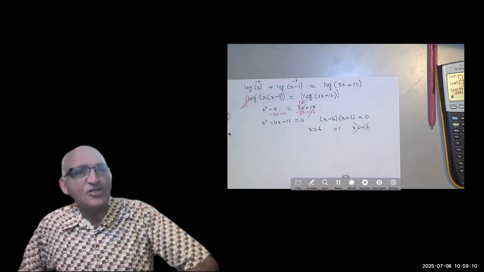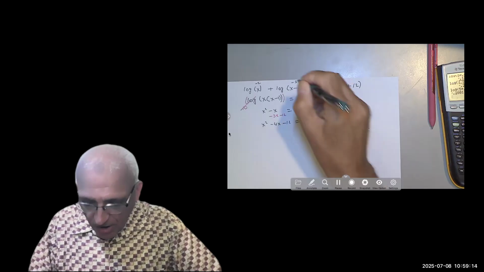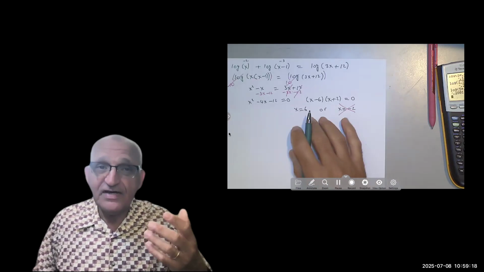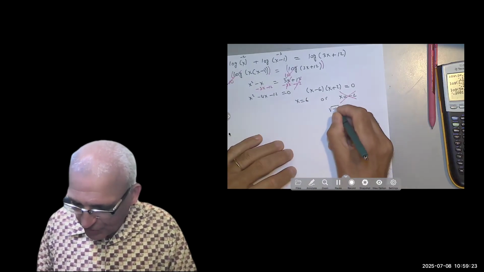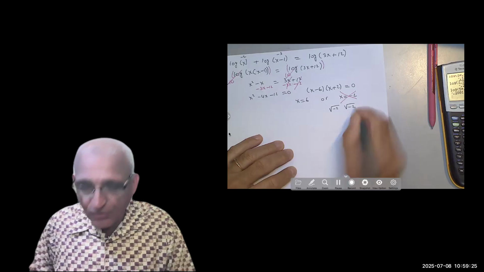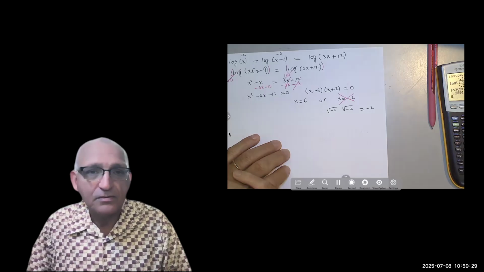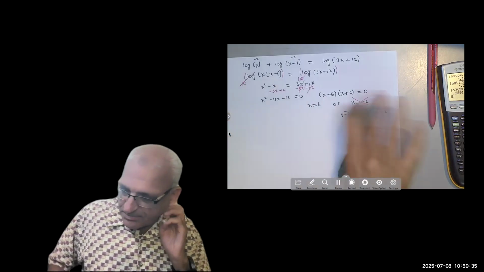No, that is not correct, because log of negative 2 is undefined, and log of negative 3 is undefined. It's a very common thing. If I say, what is the square root of negative 2 times the square root of negative 2? The answer is negative 2. It's not 2. Well, when we do the imaginary, I will go more deeply into that.